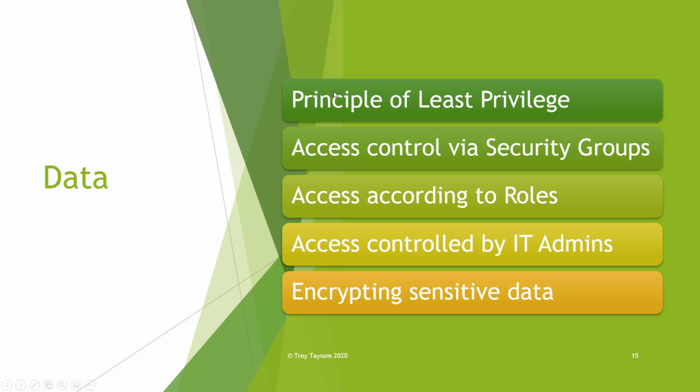When you are working, you will see security audits come through, and this is something they continually bring up. How do you implement the principle of least privilege in file shares? How do you implement the principle of least privilege on your network?